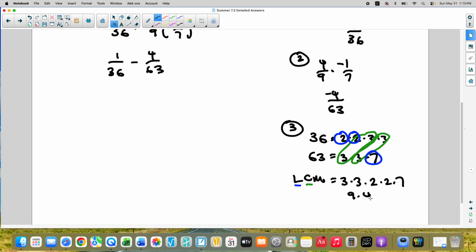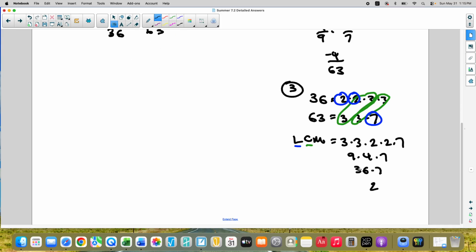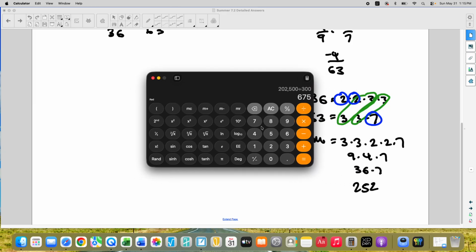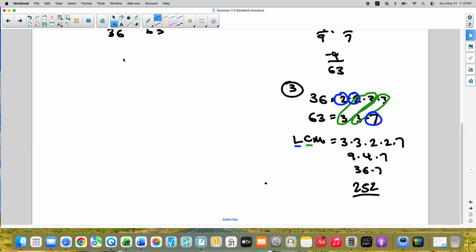That's 9 times 4 times 7, which is 36 times 7, which gives us 252. We can check. 9 times 4 times 7, 252. So that's my common denominator.